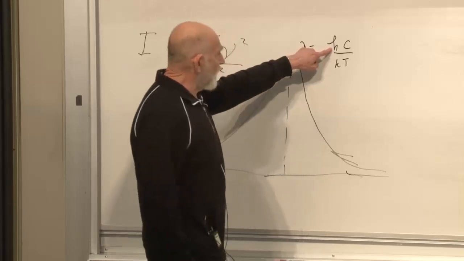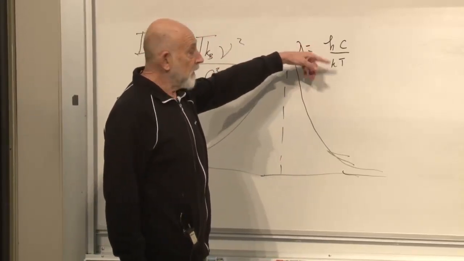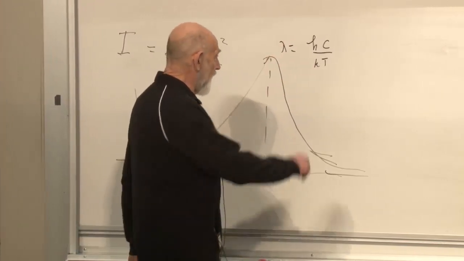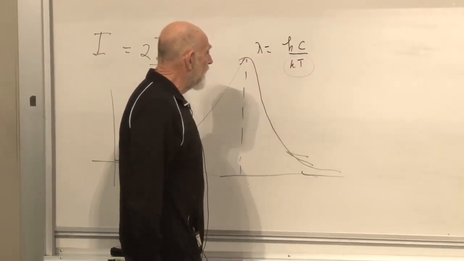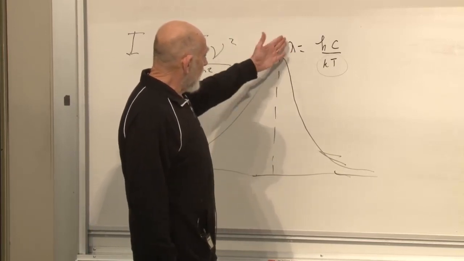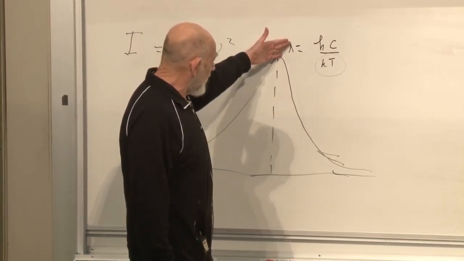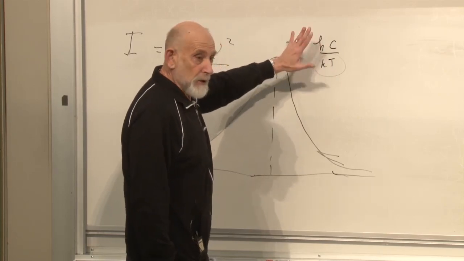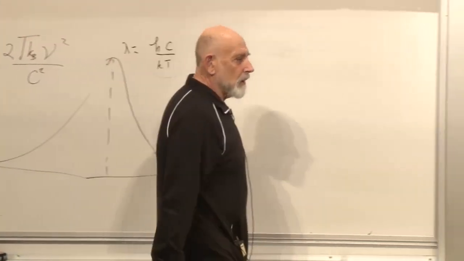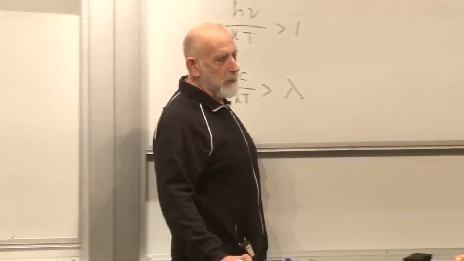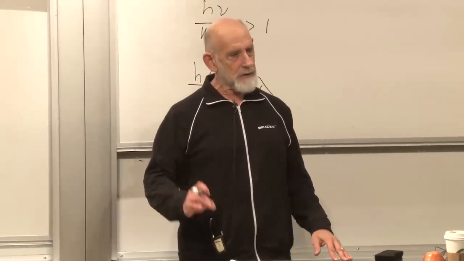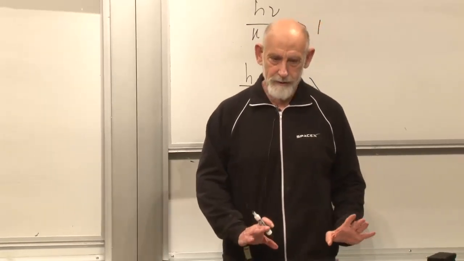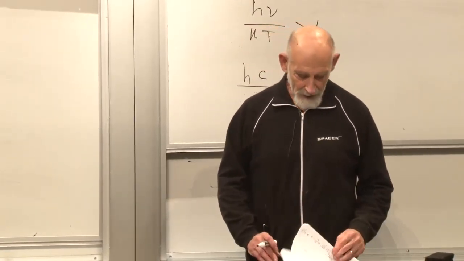He was able to read off a constant h. K was nothing new. Everybody knew that K and temperature go together by that time. Speed of light was known. And so the displacement law, which said that lambda goes as 1 over the temperature, was parametrized by a new constant called h. So the most important part of what Planck did was just to identify this constant. And this was much deeper than it sounds.